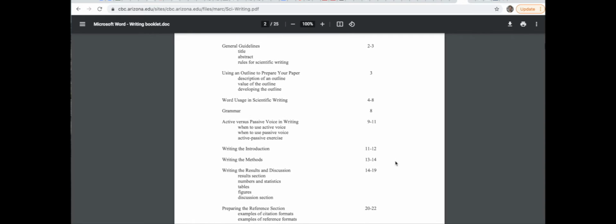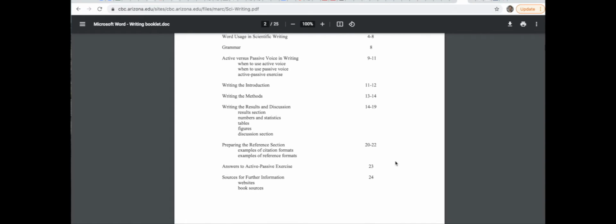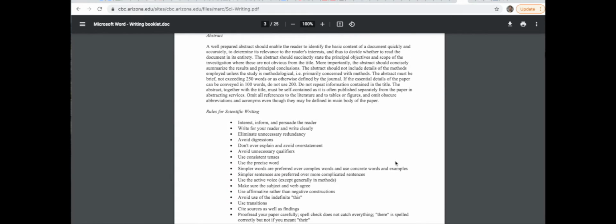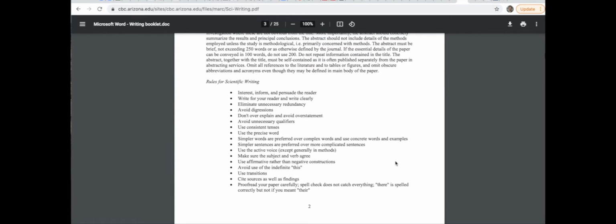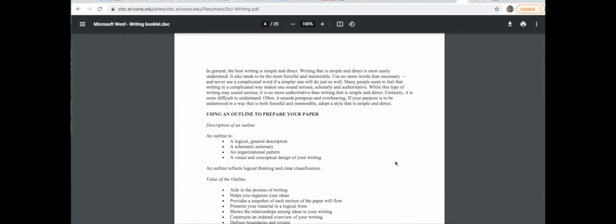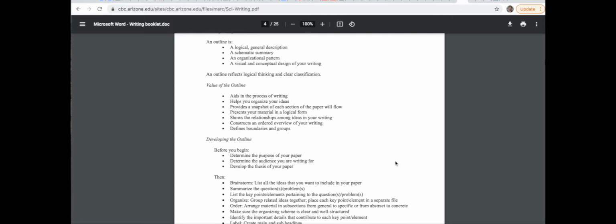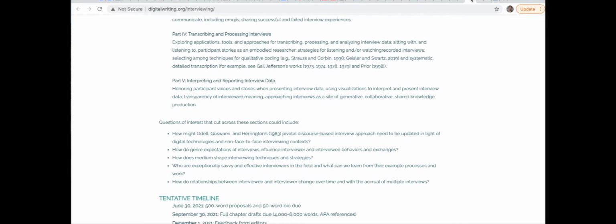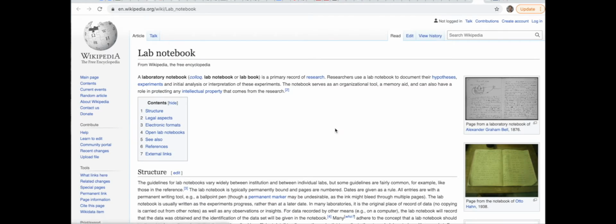This is another nice primary resource, although this could technically be a secondary resource. You're looking at this in a way that helps you understand how scientists write, how biochemists write, how a specific science community writes, and the types of writing.